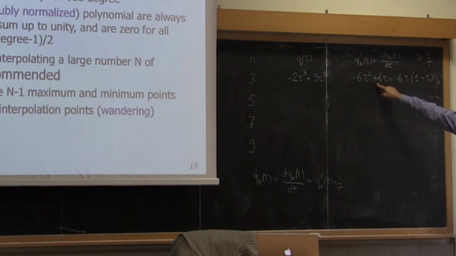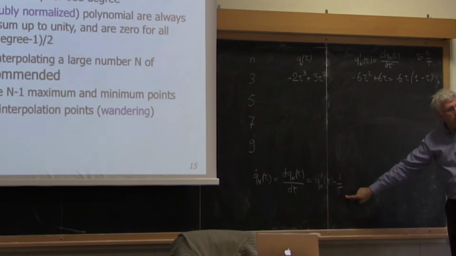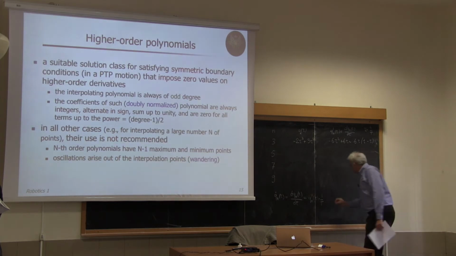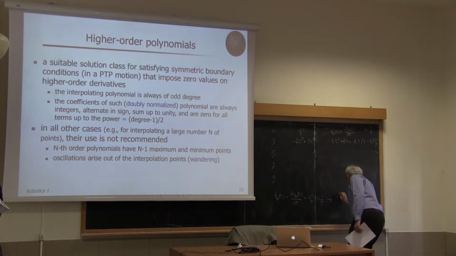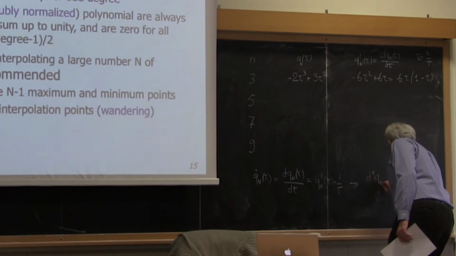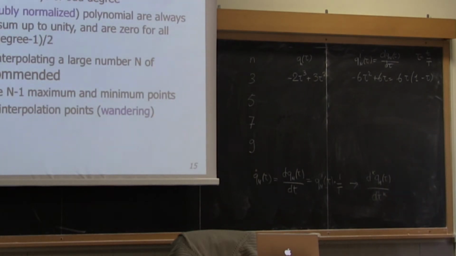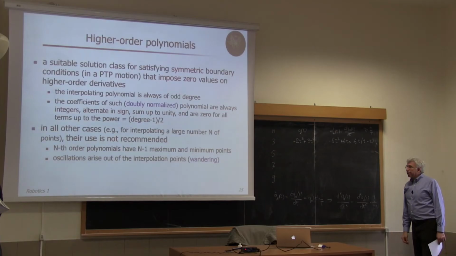So from here, for instance, just multiply by 1 over T and you have the velocity, the actual velocity, not the normalized one. Okay? So more in general, the derivative of order k of Qn of tau with respect to tau k times is equal to the derivative of Qn of tau with respect to time k times, and then a factor 1 over T to the power k. Okay? So you can use this formula very, very neatly.